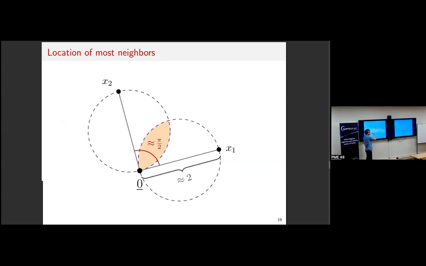And the volume of this intersection that I colored here is exponentially small in the dimension compared to the whole ball, which means that the connections will only depend very weakly on one another. And this is the reason why a lot of our proofs work if we let the dimension grow, but would not work for smaller dimensions.